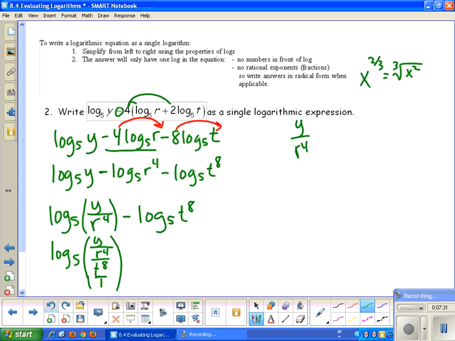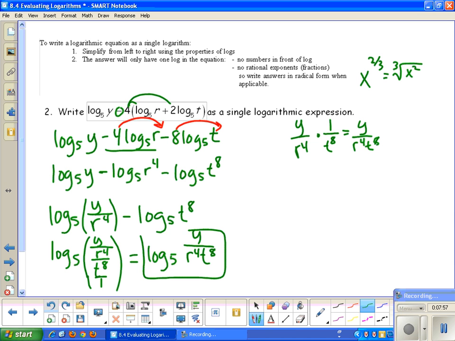And then if I'm dividing it by t to the 8th over 1, I multiply it by the reciprocal, which gives me y over r to the 4th t to the 8th. So that's what this is equal to. Sorry, that should be t to the 8th power, not 5th. And that would be my solution.